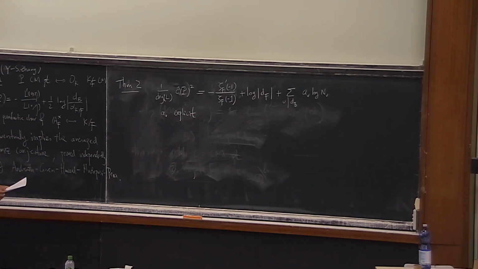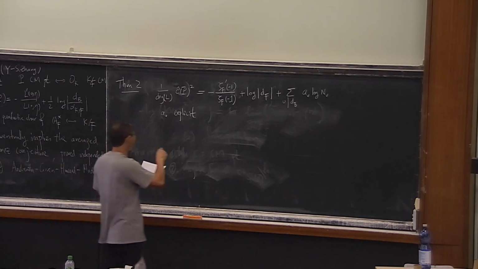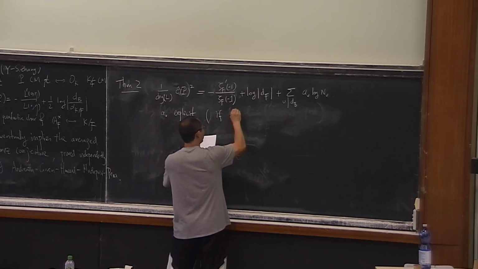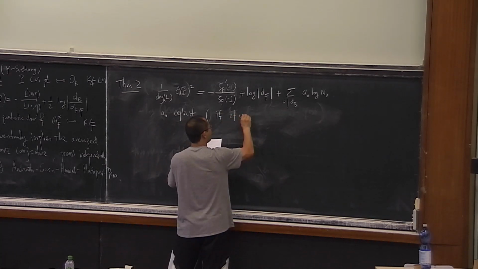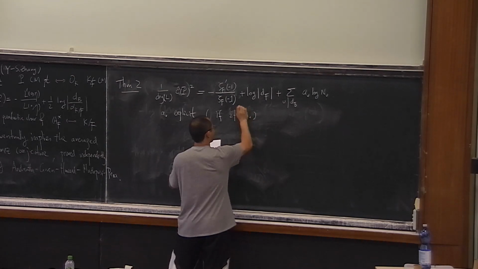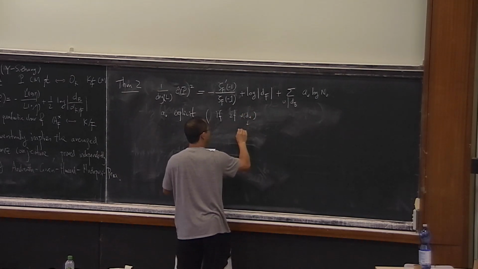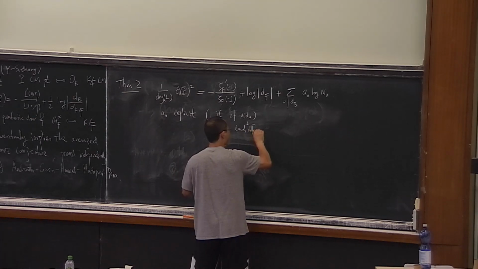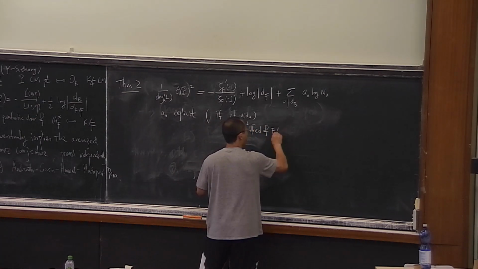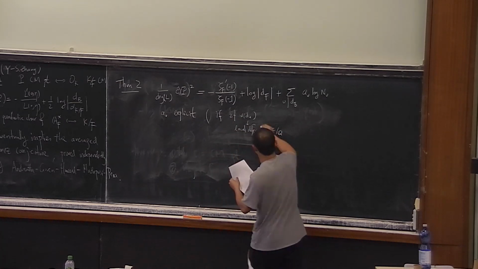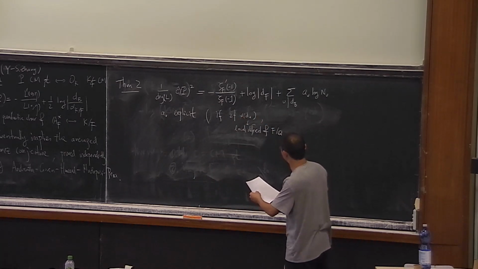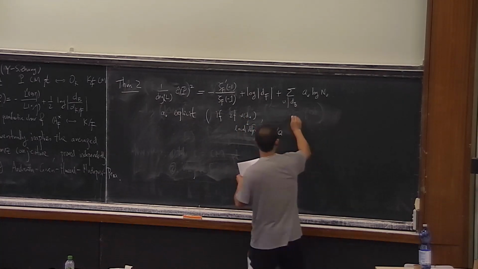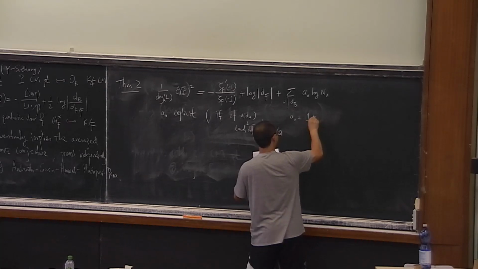There are two cases. I will only write down one case. I write the case where 2 does not divide v of d_v, where d_v is the local different. If 2 does not divide the valuation of the local different at v, then this a_v is 1 plus something.